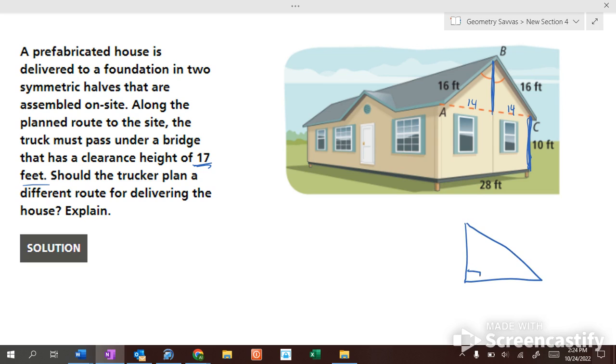If this is 16 and this is 14, how do I figure out this side? Use the Pythagorean theorem. C squared equals A squared plus B squared. C squared, 16 squared equals X squared plus 14 squared.